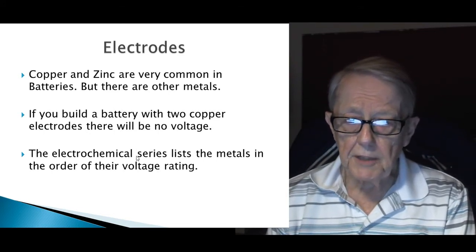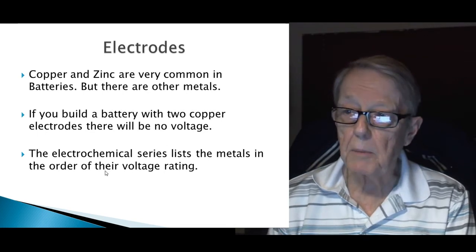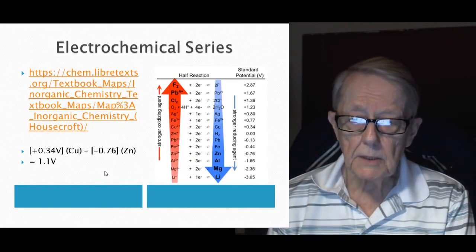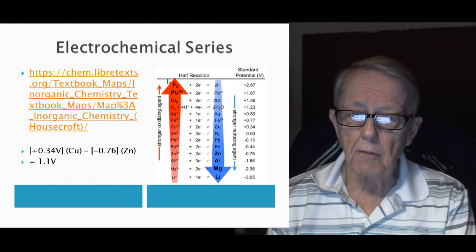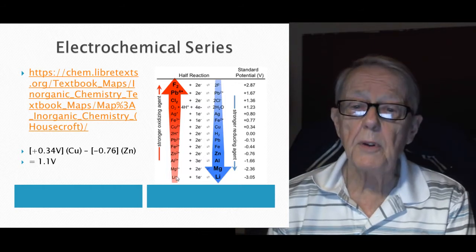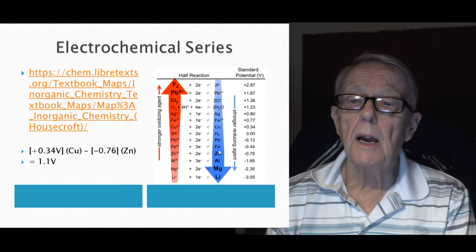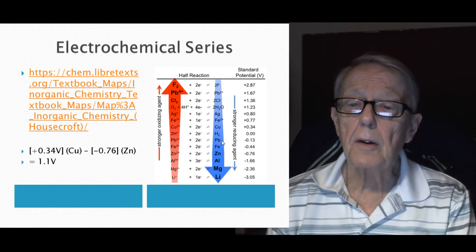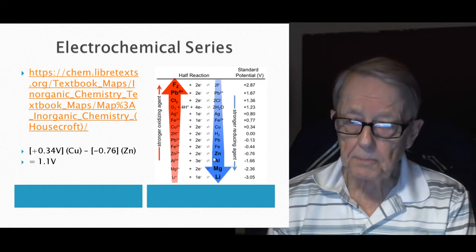The metals that do this are listed in what's called an electrochemical series. And this is an example here on the right of an electrochemical series, and you have fluorine gas at the top, and you have lithium at the bottom, and copper is here, and zinc is here.